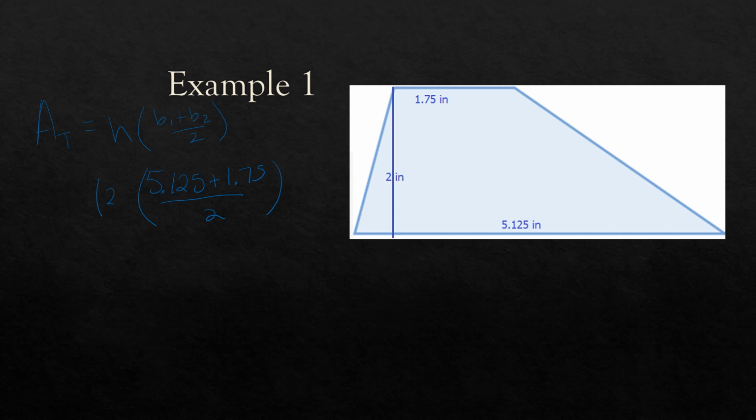And then we can multiply by our height of 2 inches. We can actually see right here that 2 times 1/2 will cancel out. So at the top, we'll just have that the area is 5.125 plus 1.75, and that is 6.875. And that is going to be in inches squared.